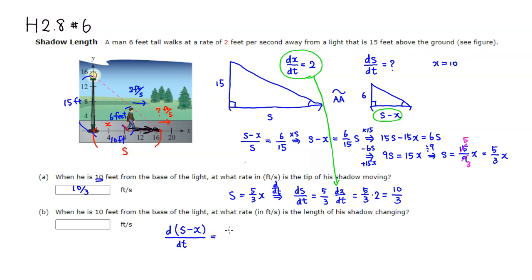So the derivative of s is ds over dt, and minus the derivative of x is dx over dt. ds over dt we just found to be 10/3, and dx over dt is 2. With a common denominator, 2 is the same as 6 over 3, so this is going to be 4/3. So 4/3 is how fast the length of the shadow is changing.